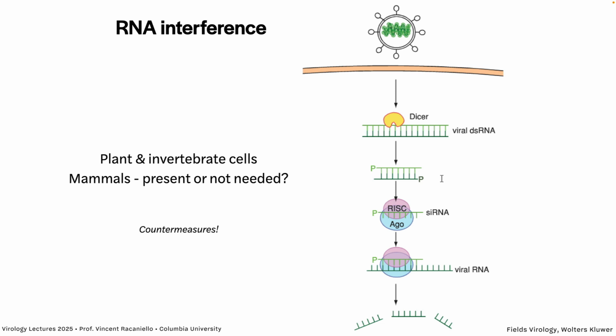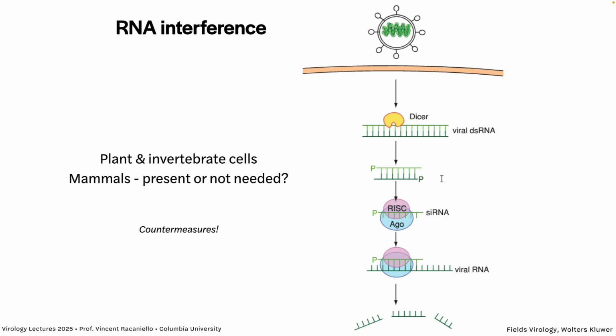In RNA interference, a virus comes into the cell, and viral double-stranded RNA is part of its reproduction cycle. An enzyme called Dicer from the cell chops it up into small double-stranded pieces. One of the strands is removed, and that's called the siRNA, small interfering RNA, and that is linked up with an RNA-induced silencing complex, which includes AGO, Argonaute.